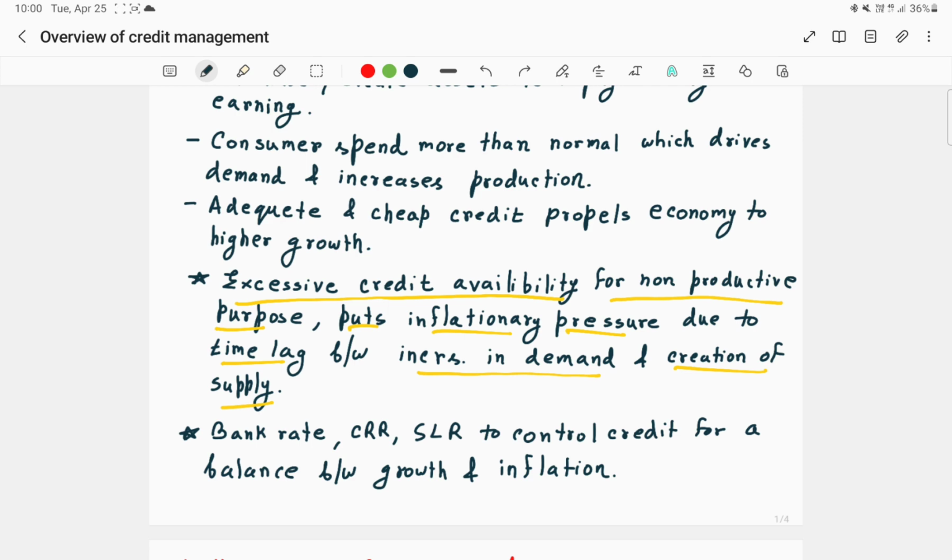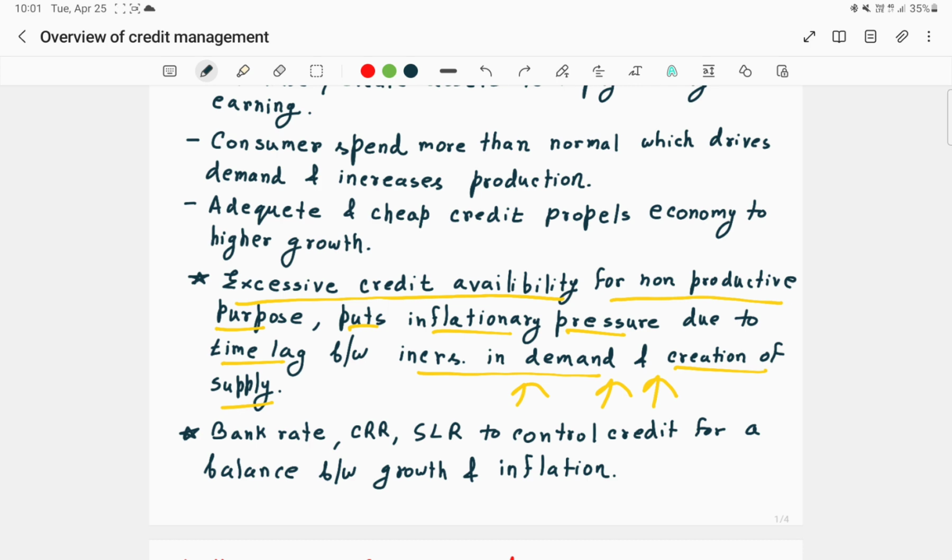So it will increase the demand for iPhones, and the manufacturing company as a result will not be able to supply the demand in time. So as a result, the prices of iPhones will rise. Now this happens with every single thing during inflation, right? Right now our country is going through an inflationary phase, and you can see the rise in the costs of things, right? So this is just like that.